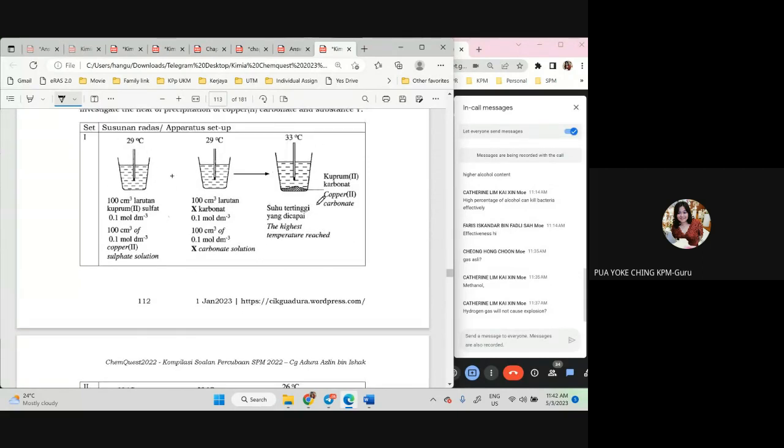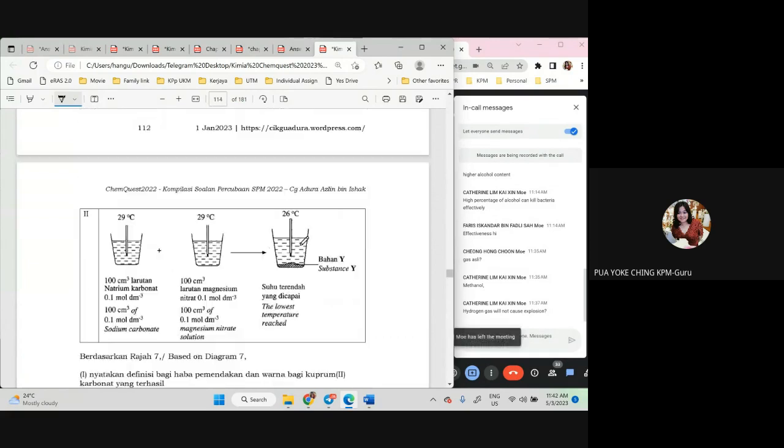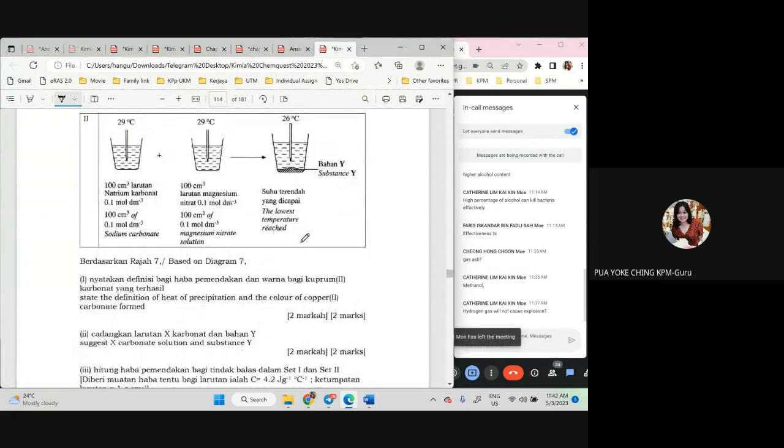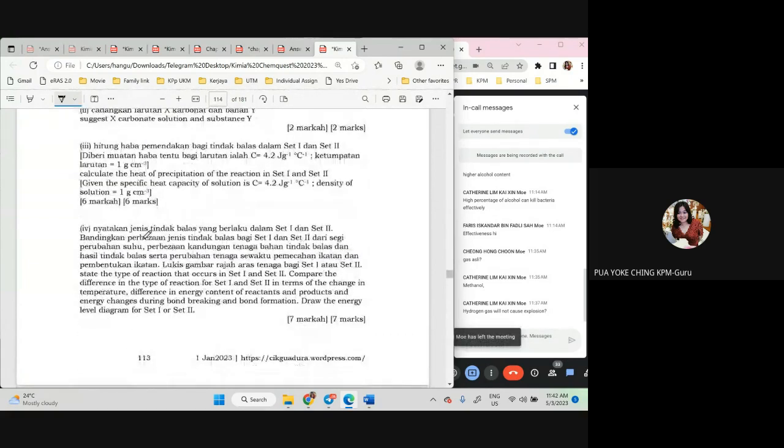Is it your trial? This is the compare exo and endo. Okay? Compare exo and endo, bandingkan, nyatakan jenis tindak balas, bandingkan dari segi perubahan suhu, perbezaan kandungan tenaga, perubahan tenaga sewaktu pemecahan dan pembentukan ikatan.